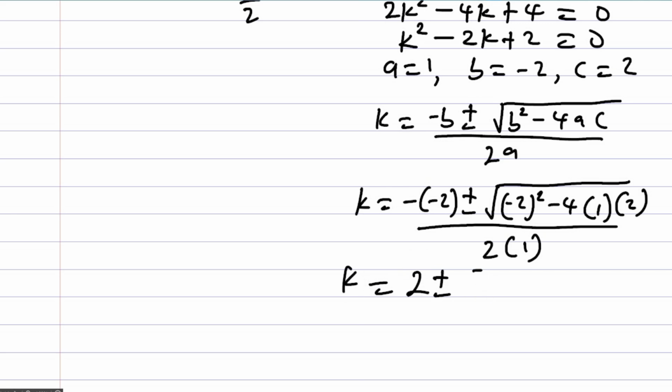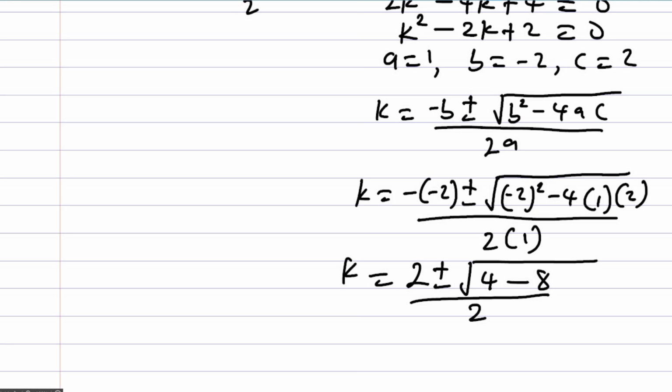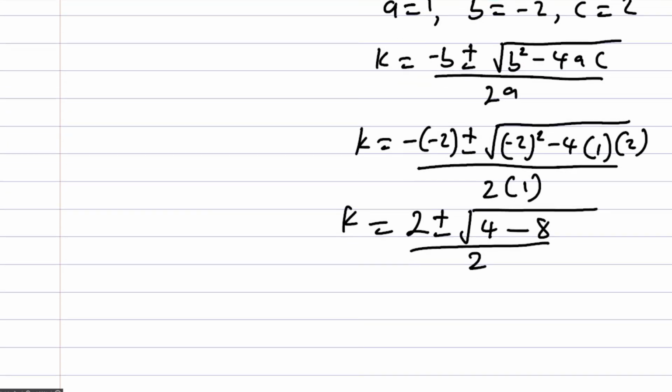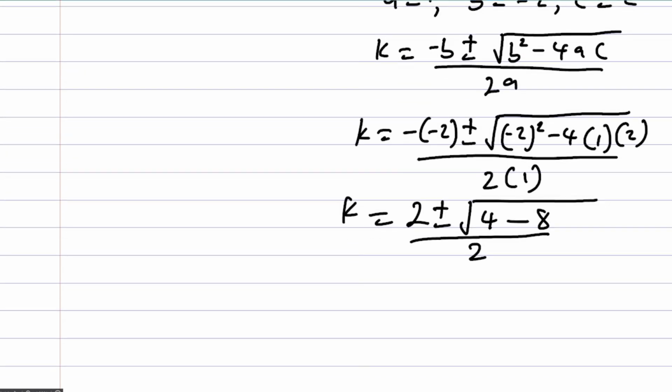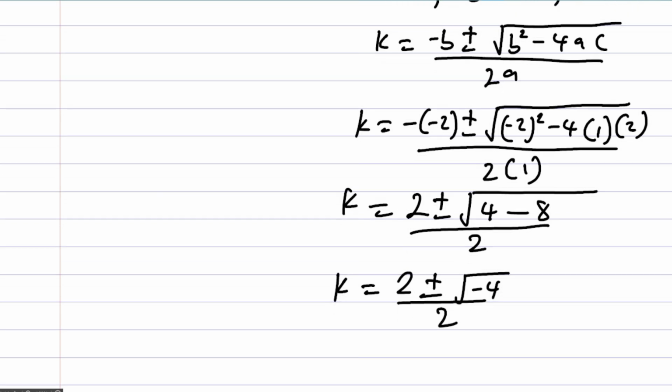So I'm having that k is equal to 2 here, plus or minus the square root of 4 minus 8, all over 2. So 4 minus 8 gives us minus 4. So I'm having that k is equal to 2 plus or minus the square root of minus 4, all over 2.